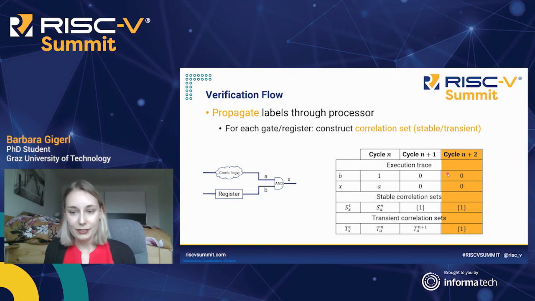In the next cycle, we see that B still is 0, so it's not possible that we have a glitch here anywhere, and the output of X will be stable 0, no matter what A was. Therefore, we can also say that in the transient case, X will correlate to a constant.